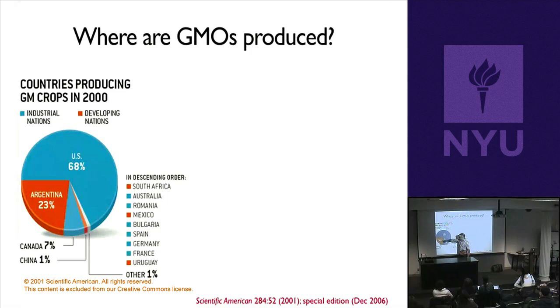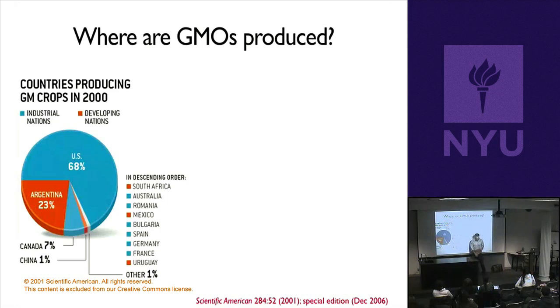Number 2 might be surprising to you: Argentina, very heavy into genetically modified crops. And then you have lower representation. Canada was pretty high. This is mostly canola, which is used for vegetable oil. China, 1%. And then a few countries, but not very many, in this other category, a very, very small percentage of genetically modified crops.